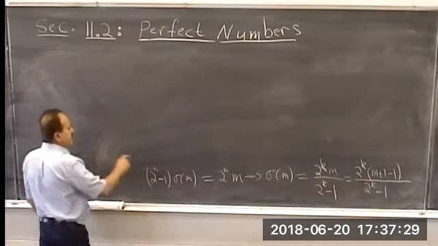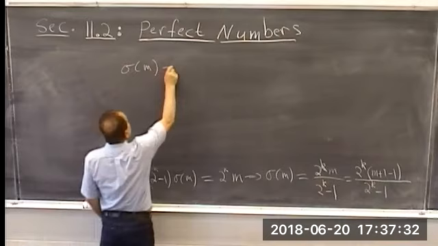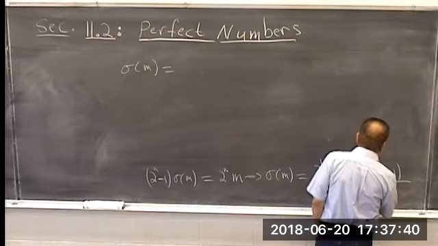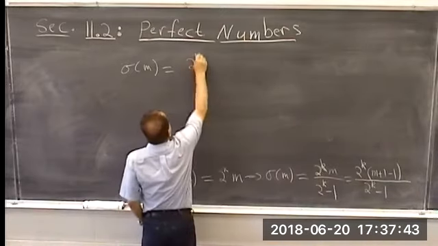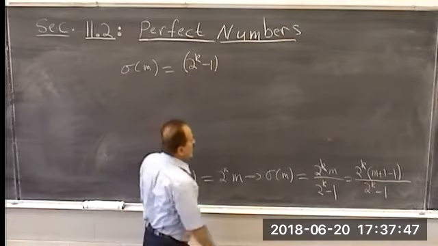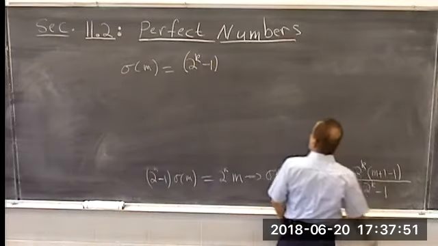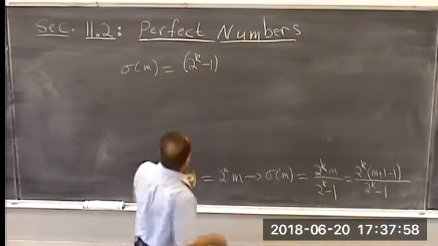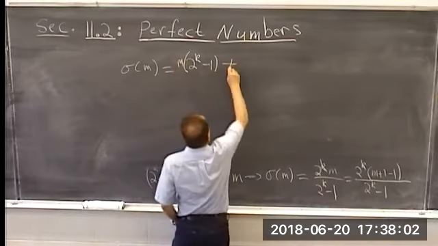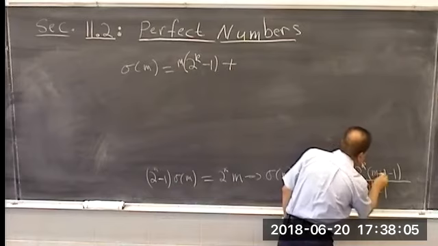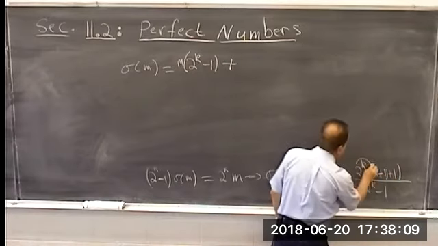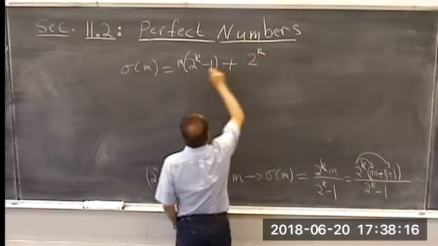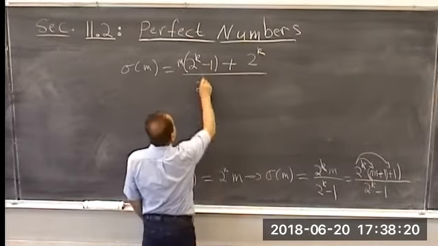Now I could write sigma of m as, taking 2 to the k minus 1 as 1, times m, plus m minus 1, and then 1 plus 2 to the k, all over 2 to the k minus 1.